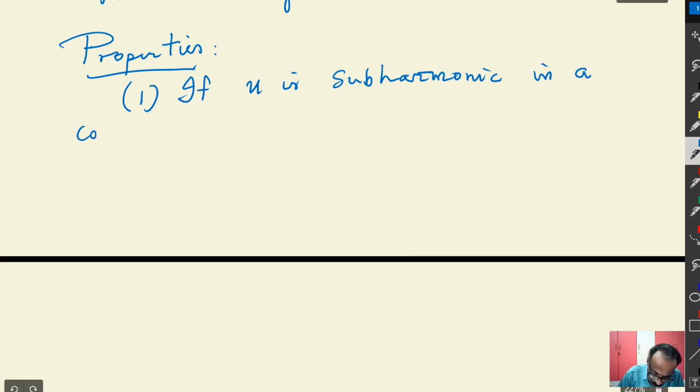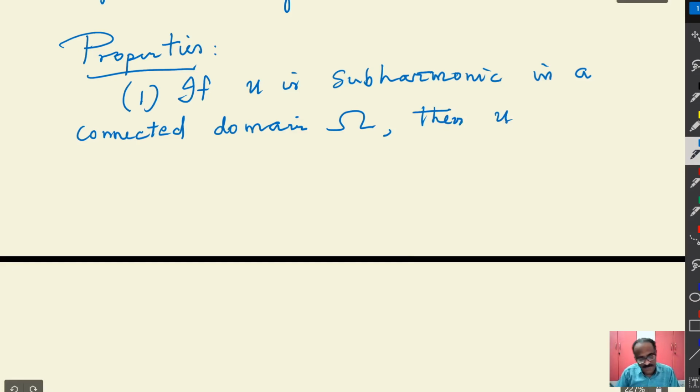bounded domain omega. This is an important property, and you have to understand these properties to understand the proof of Perron's method. Then u satisfies the strong maximum principle.